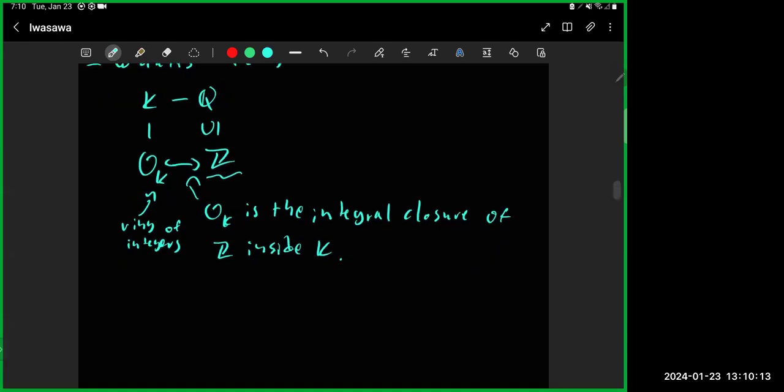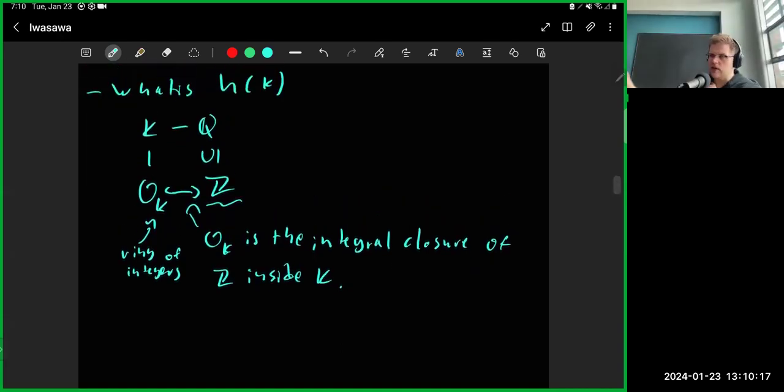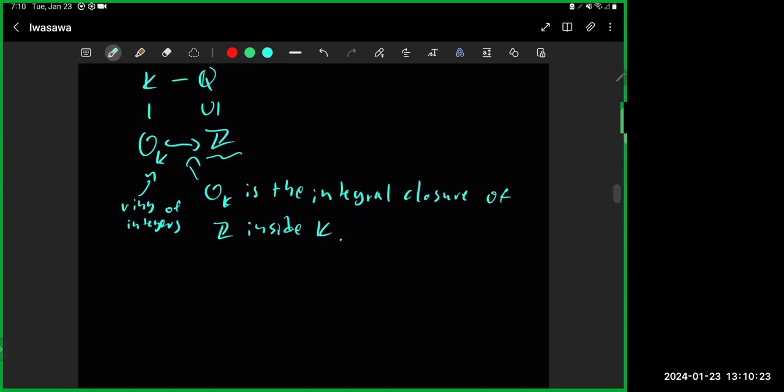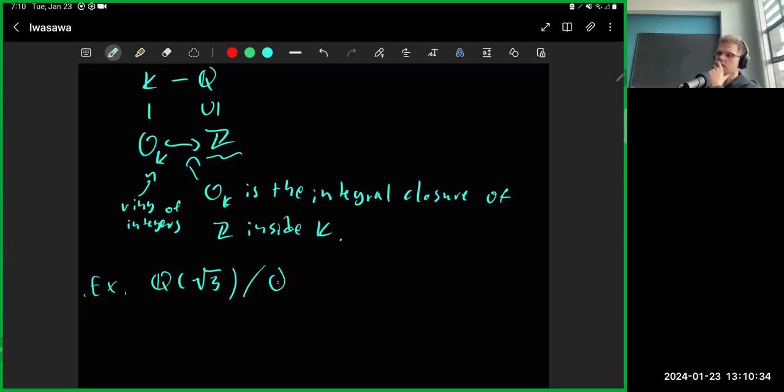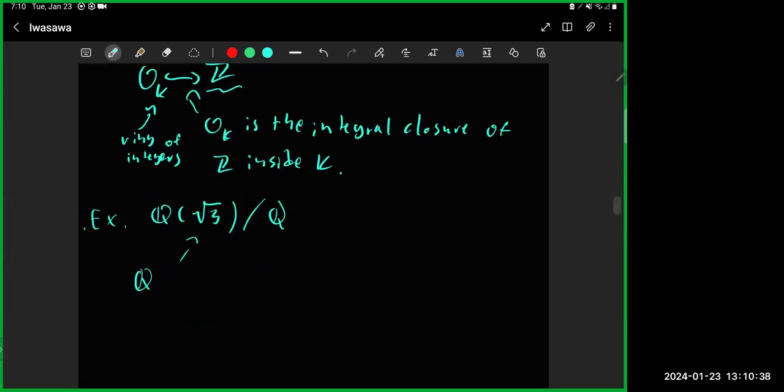Just a silly question. Can you give a concrete example of a minimal example of a K and the O_K? Of course. An example of a number field would be, for example, Q adjoin the square root of 3 over Q. There's a general class of these as well.